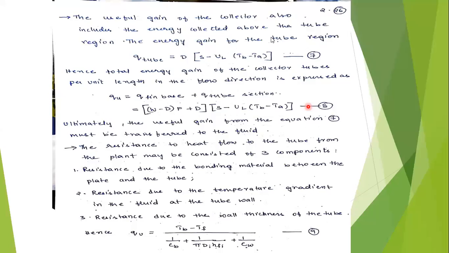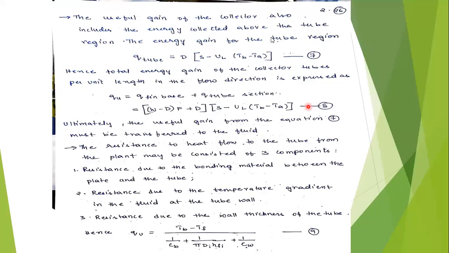First, we use some bonding material between the plate and the tube to fix the tube firmly to the plate. Because of the force of the fluid flowing inside, the tubes can get dislocated and move here and there.